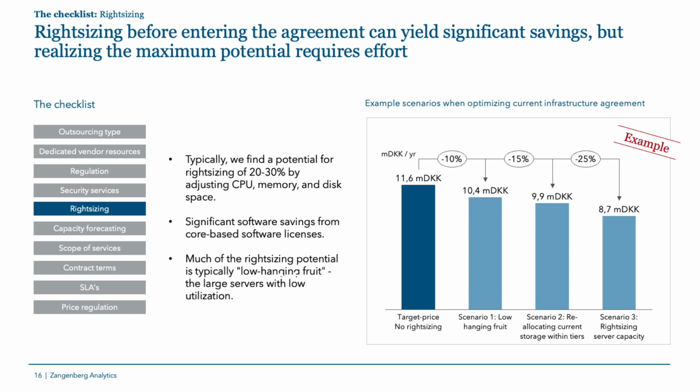But within right sizing, there's always been a lot of cost-out potential, and that comes from that we typically find that you can right size around 20 to 30%, from just over capacity being provisioned when you design various systems and infrastructure setups.